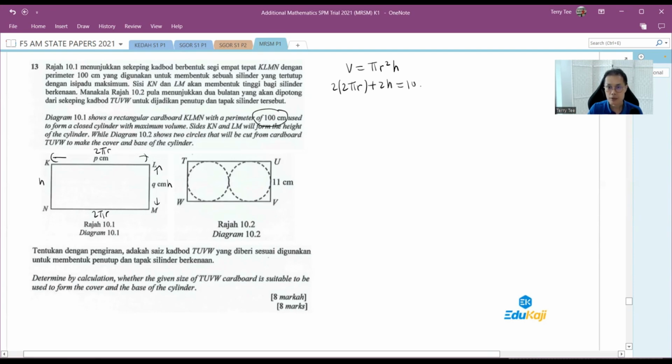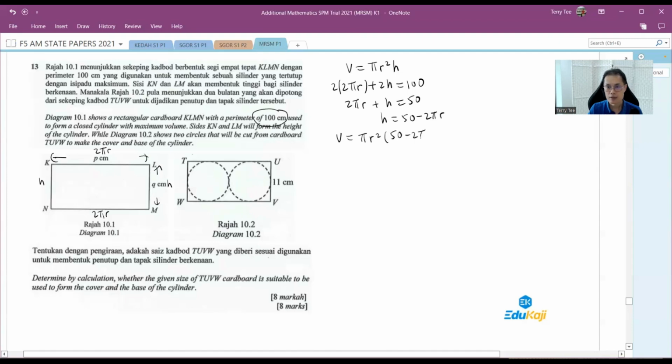The result must be 100. Let's divide everything by 2: 2 pi r plus h equals 50. Let's make h the subject: 50 minus 2 pi r. So sub inside your volume, pi r square h.